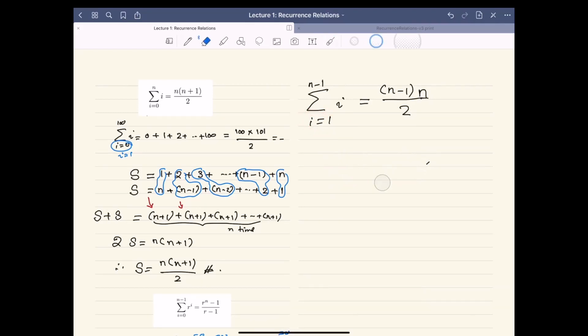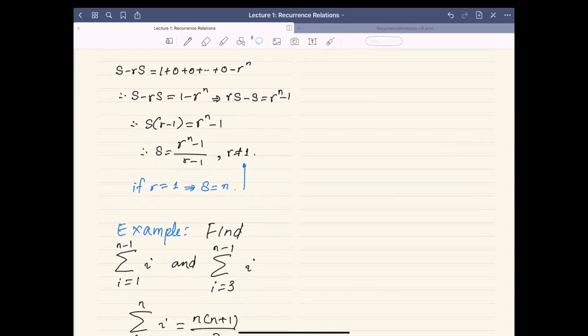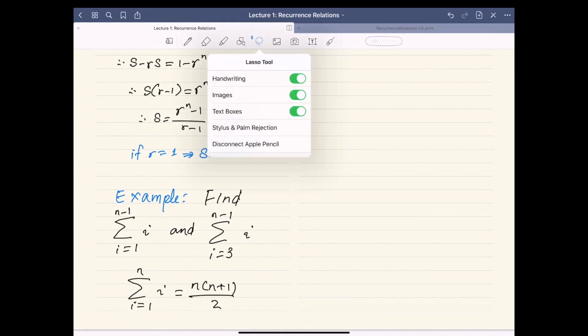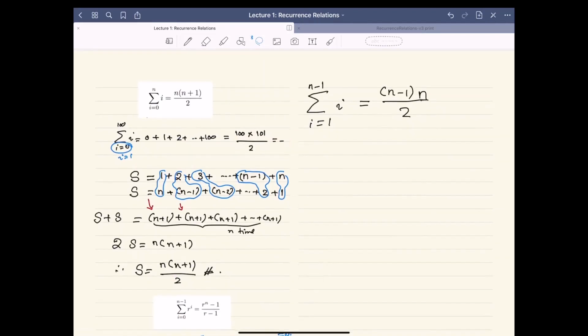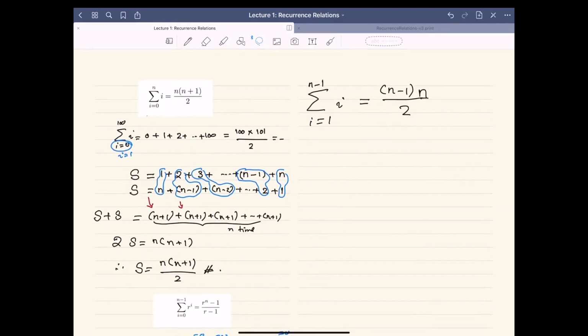Now for the second one, which does not start from 1, it starts from 3. If it starts from 3, then we need to do an adjustment so that we can make it start from 1 instead of starting from 3.